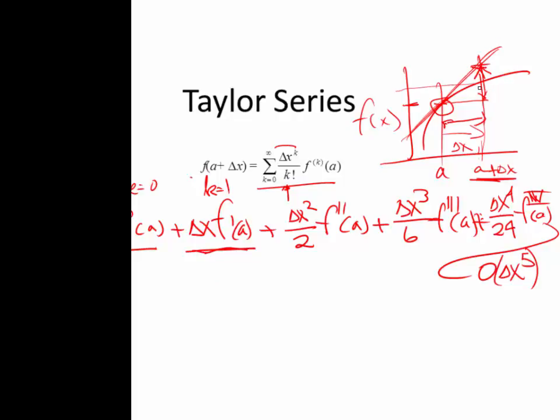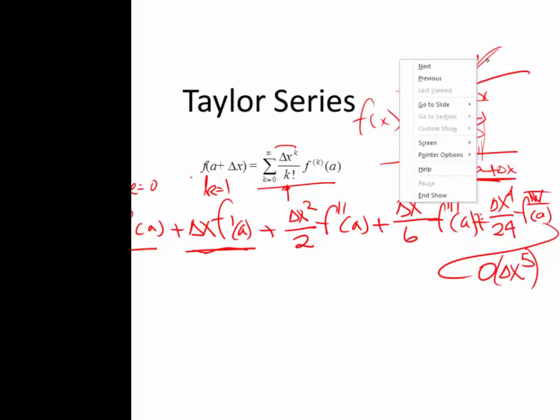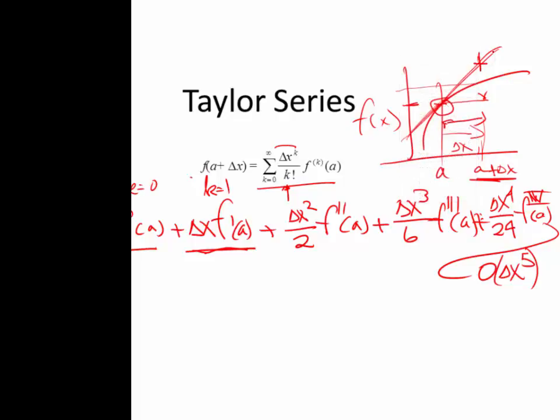I'm going to erase some of this stuff here. So after the first and second term, we're right here. That's the value that we're after. So we're getting a little bit better. Now this next term is the second derivative, and for this curve that we're working on, the second derivative is negative, and we multiply it by delta x squared over 2.